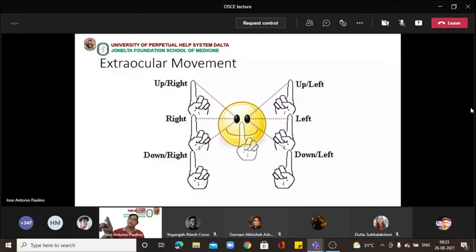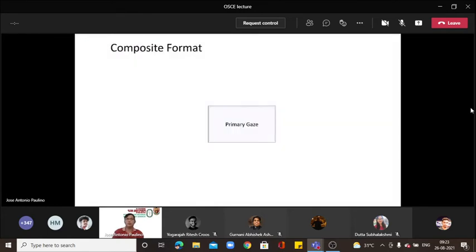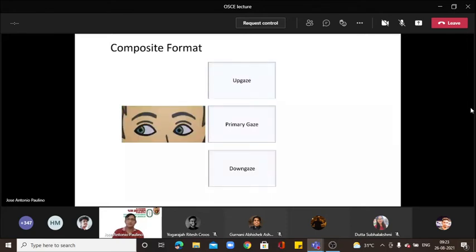After doing that, you trace a letter H and note whether they have full vision. If the patient is just looking straight, that's called the primary gaze. If you tell the patient to follow your finger to the right side, we are actually testing the right lateral rectus and the left medial rectus.